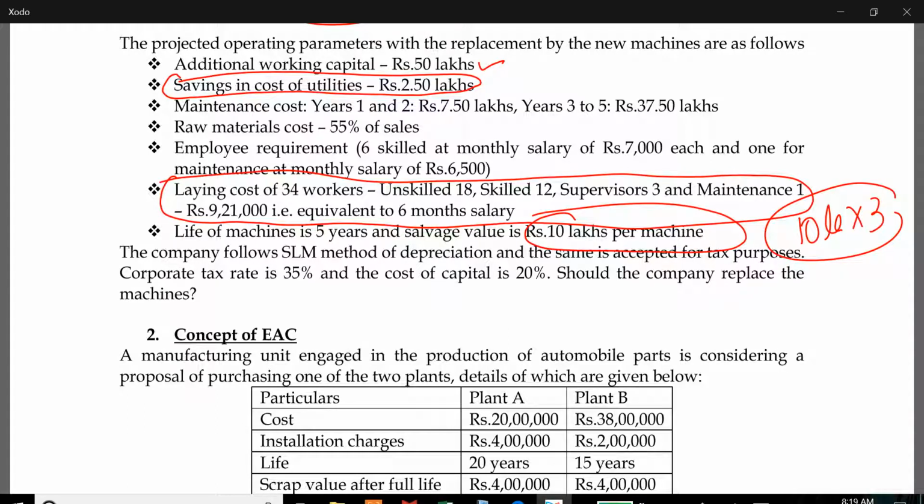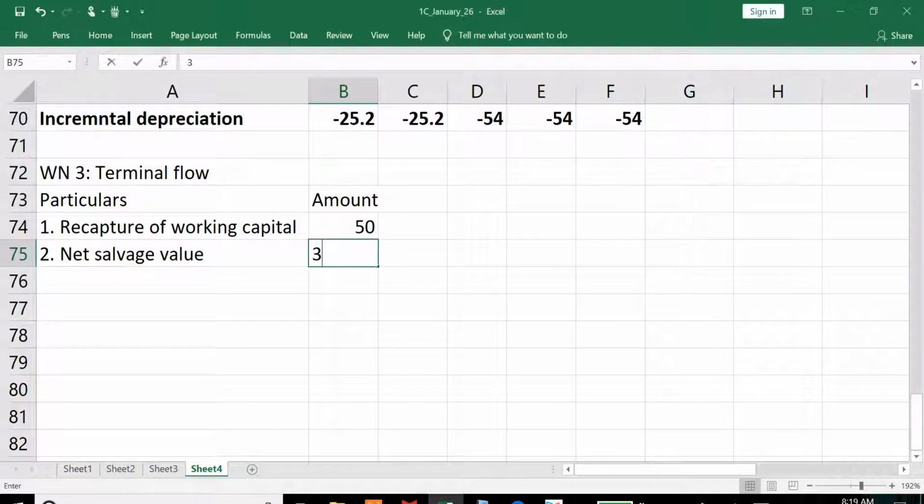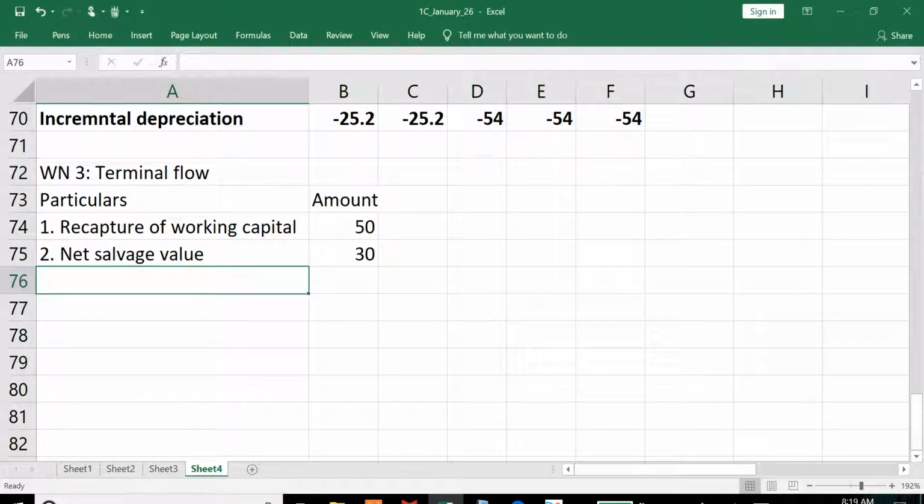If sale value and book value remain the same, that is, I sell the asset for 30 lakhs and the book value is also 30 lakhs, because we depreciated 54 lakhs into 5, then I directly write net salvage value is 30. Otherwise, you calculate sale value less book value, capital gain or loss, tax paid or tax saved, and NSV. As of now, we can straight away write 30 lakhs.